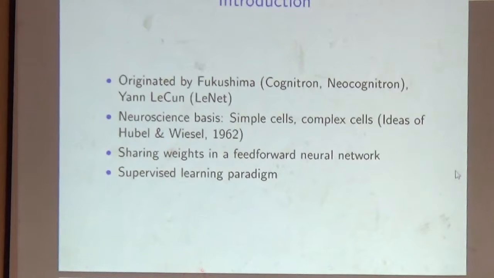So the idea was to read checks online without human intervention. So to read the numbers on the checks which were written by hand, or to read the PIN code, or the zip code as they call it in the US, of letters, to do an automatic sorting, this LeNet was very successful. So it was actually a successful neural network in the real world.